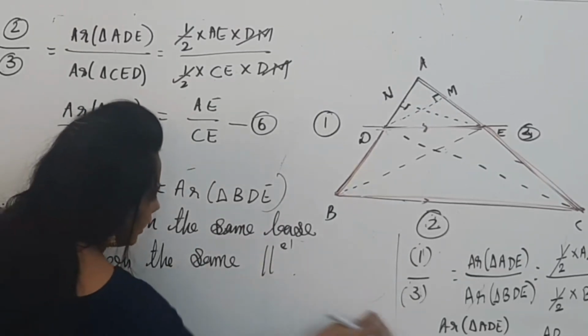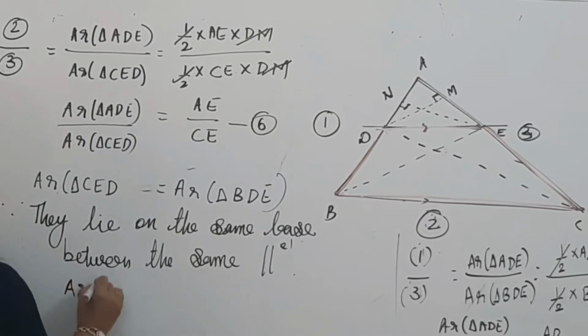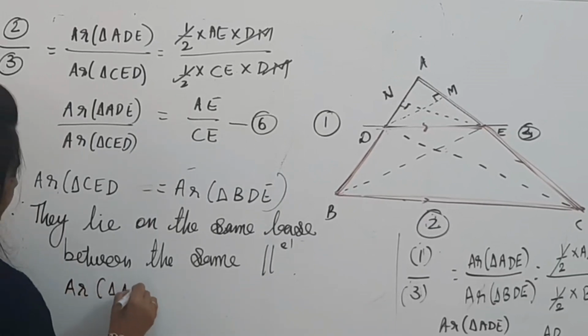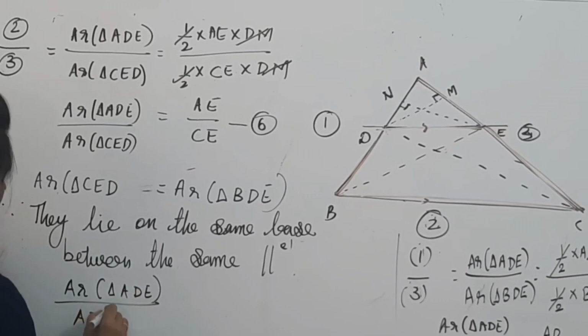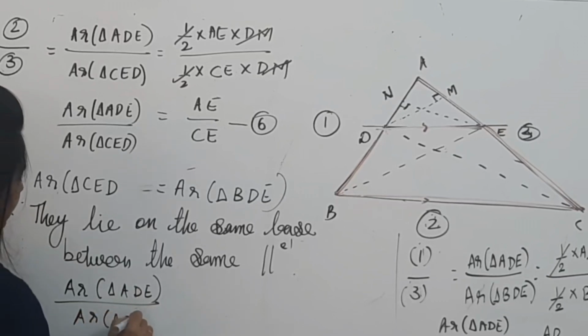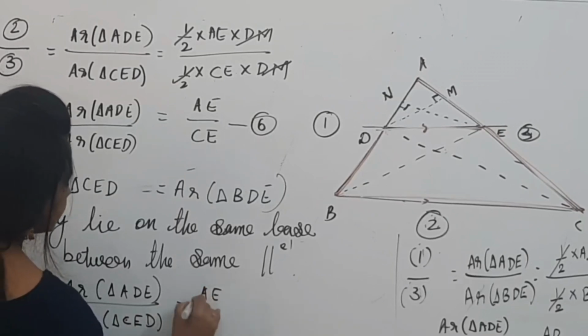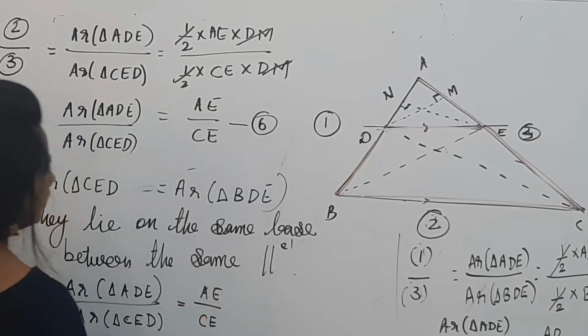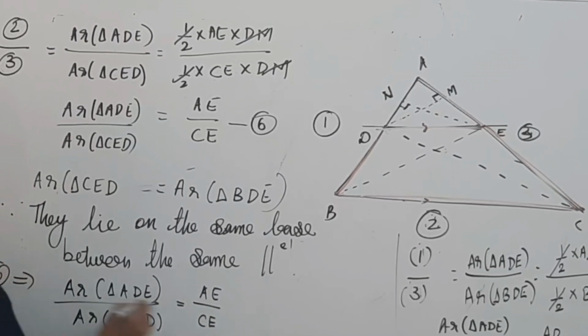So I can say area of triangle ADE divided by area of triangle CED is equal to AE by CE. That is 6.